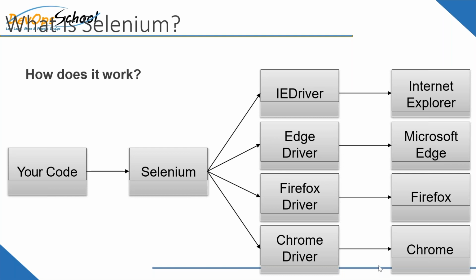So Selenium is a package, a jar file, which you need to download. The driver is also an application executable which you need to download, and the browser you already know how to install. The most important thing in this is your code.